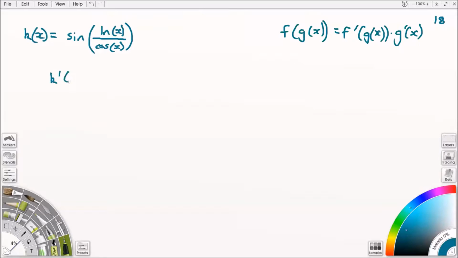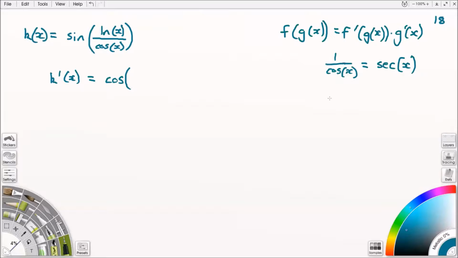So our derivative can equal sine. Well, derivative of sine is cosine. And this is where we're going to take this and use an identity: 1 over cosine x is equal to secant x. Boom.